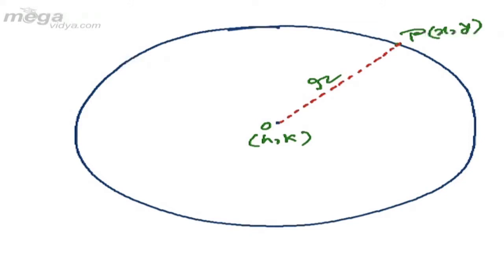Basically, the equation is the relation between all the coordinates which satisfy the condition that it is always moving at a constant distance from this fixed point. That is the relation between x and y with the help of these two.